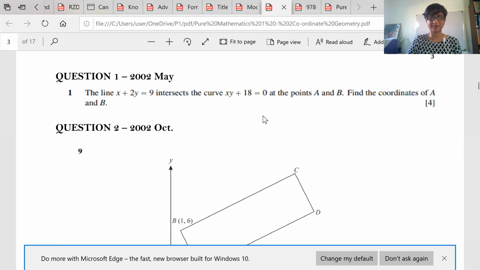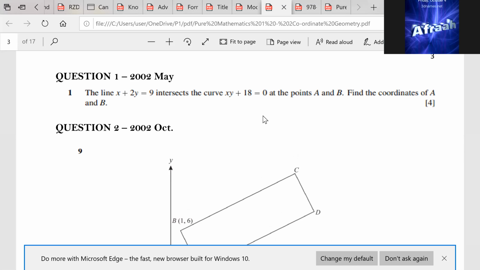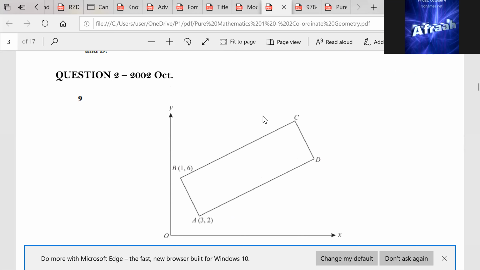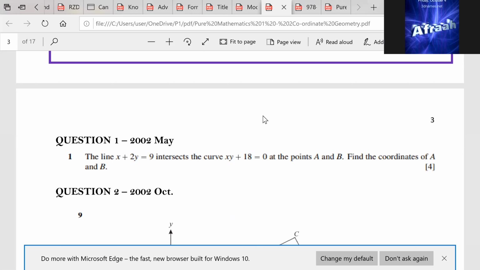That's not the one. This is the one, right? Could you drop it in the chat box? Question 4 and 6. First one, 1, 4 and 6? 4 and 6, miss. Just 4 and 6. Okay.